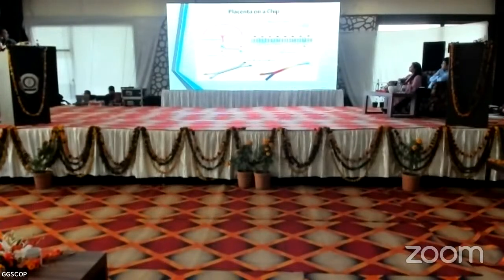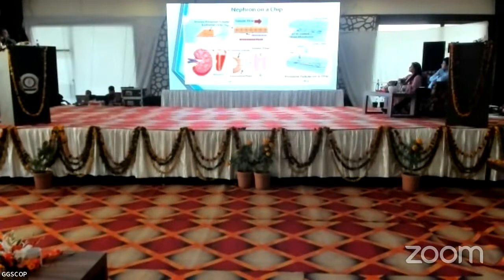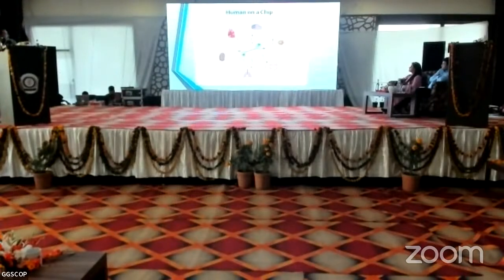This is placenta on a chip, this is gut on a chip, liver on a chip. So means everything is available on a chip. And now, can you see human on a chip? All the systems are placed there, all the systems are integrated. Means if you are giving any drug, what will be the associated effect on the other organs also? Nowadays this is also applicable when trials are there.